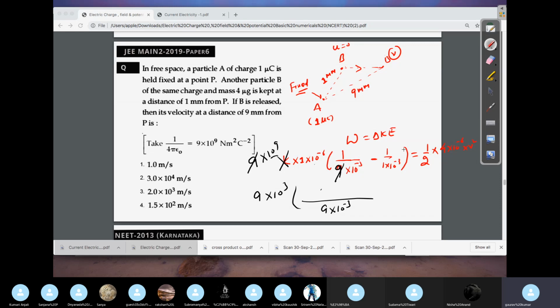Final minus initial, change in kinetic energy. It is moved from 1 mm to a distance of 9 mm. I'm getting negative here.